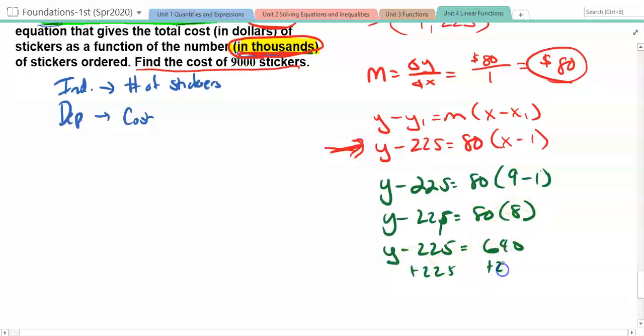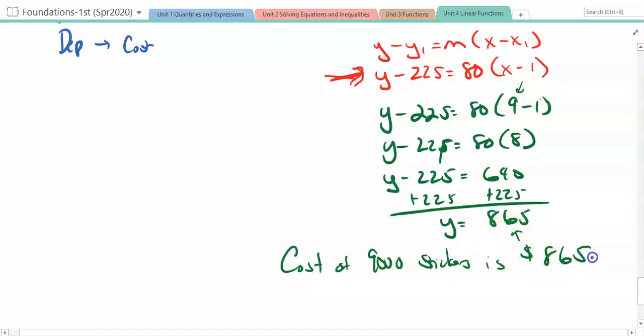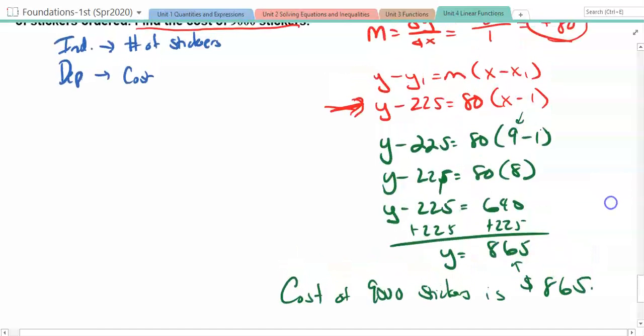And adding the 225 to both sides, we get y is equal to 865, meaning that the cost of 9,000 stickers, because again, we plugged in 9, and we got out $865.